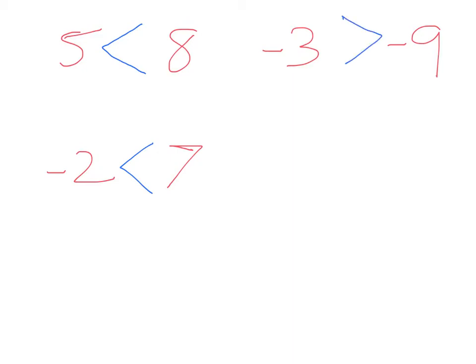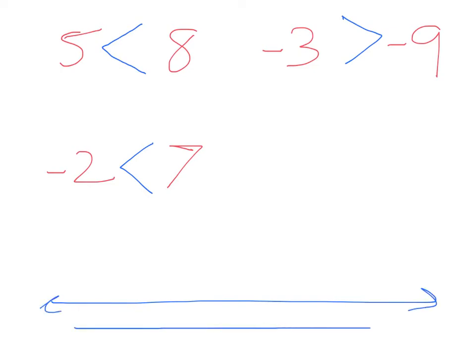One of the ways we can think about that is on a number line, that everything gets greater as it goes to the right. Well, if we think about -3 and -9, -3 is there and -9 is there. Obviously, -3, because it's farther to the right, is going to be greater than -9.